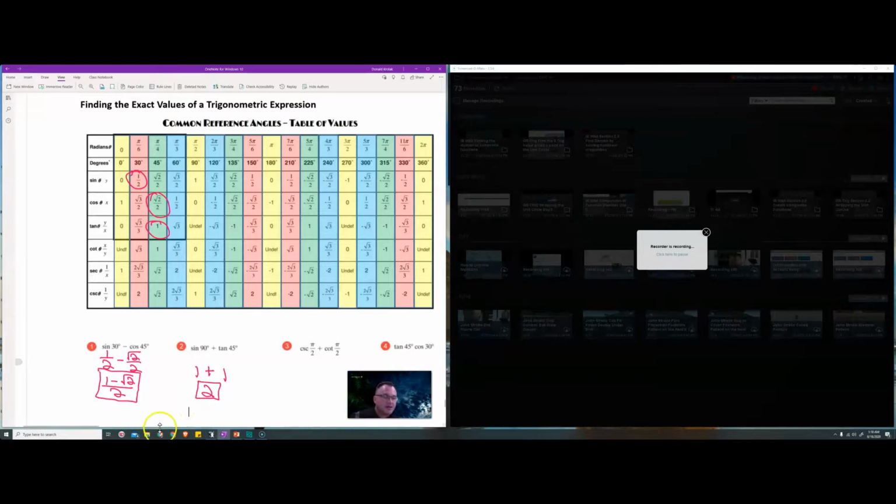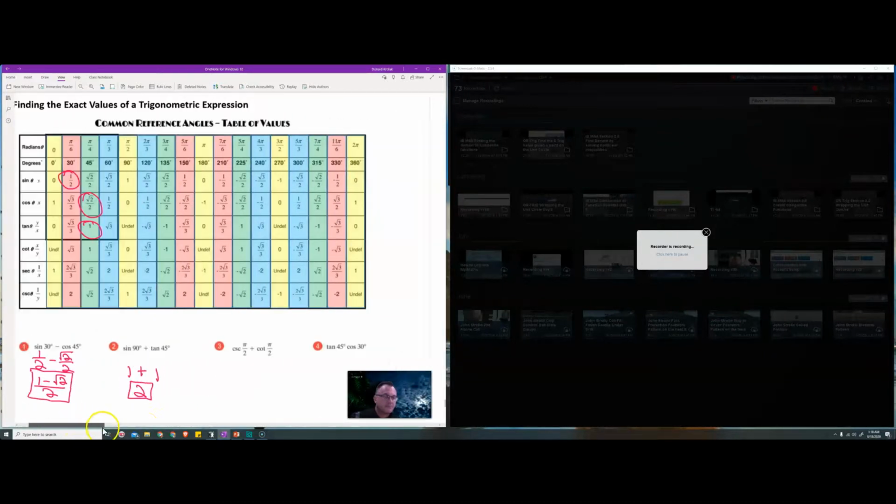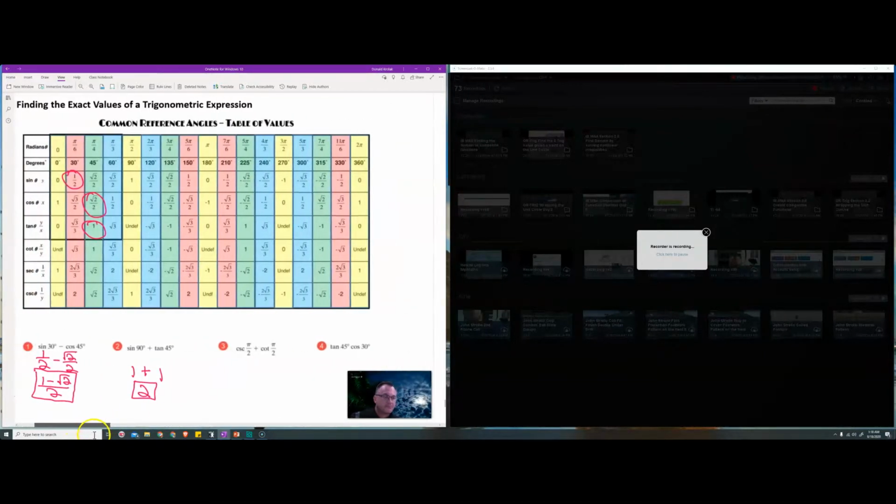Cosecant at pi over 2. So I go to pi over 2, and I go down to the cosecant column. That's equal to 1. Okay, the cotangent at pi over 2, that's equal to 0. So 1 plus 0, 1.